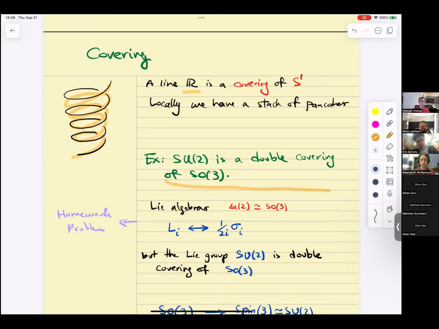They're identical. If you want to identify their generators, the angular momentum generators, just identify them as 1/(2i) sigma_i, where sigma_i are the Pauli matrices. This is the identification. But I repeat, the Lie algebras match, but globally, the two manifolds are different. One of them is a double cover.